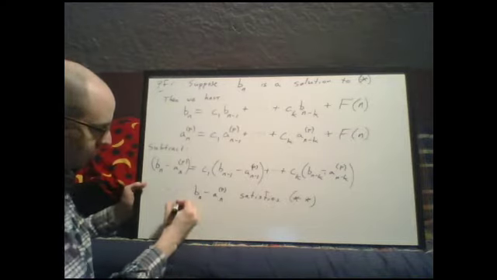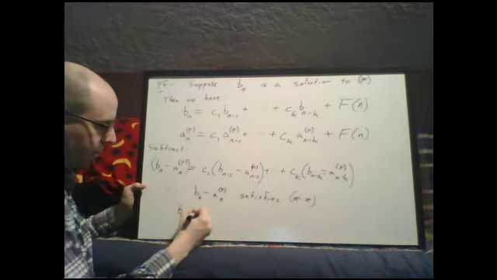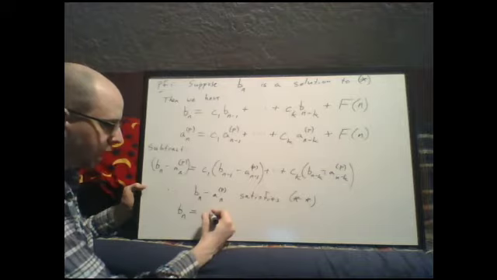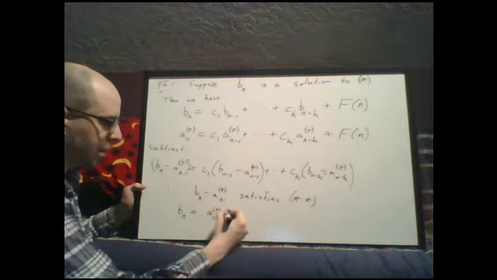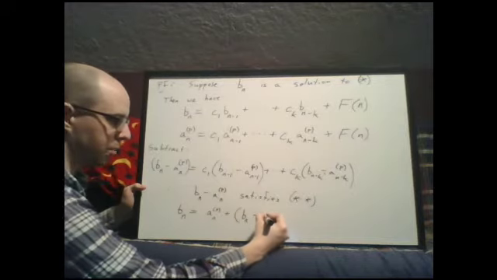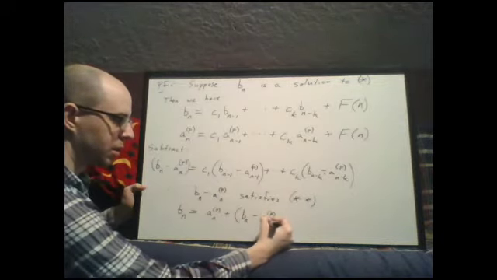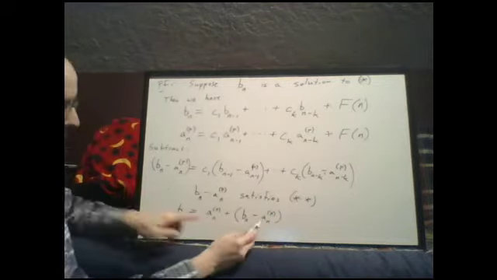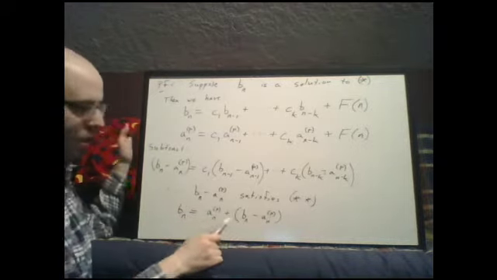So I guess I will write it. Take it back. bn equals apn plus this thing here, bn minus apn. If I add these together, the apn's cancel, and I get bn.